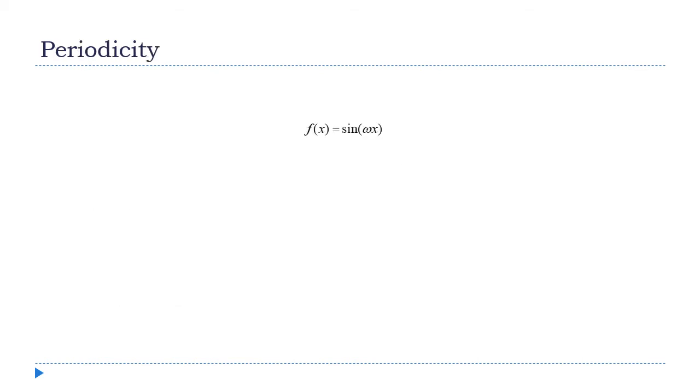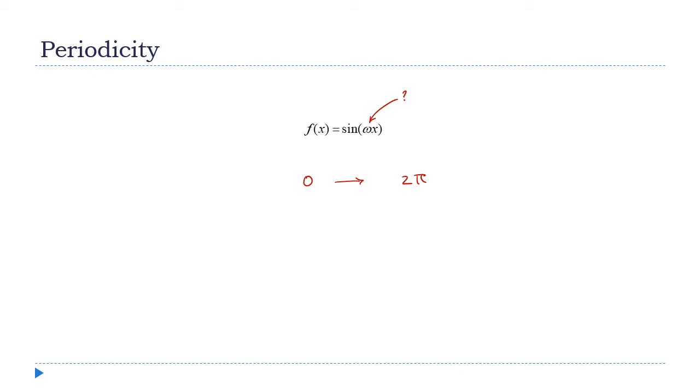All right, so what if we throw this omega in here? What effect does that have on the graph? Okay, well, remember, our sine function goes from 0 to 2 pi. That's one period, right?